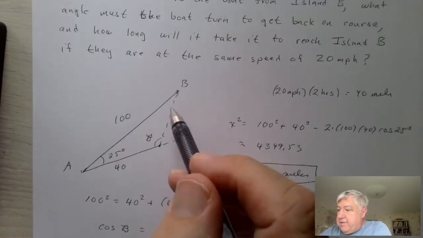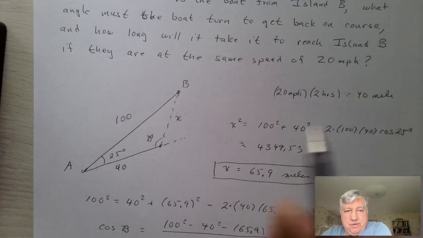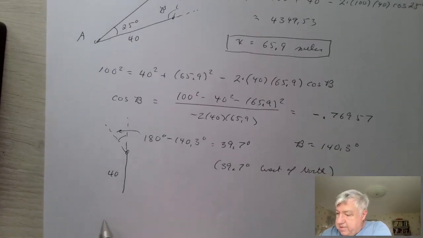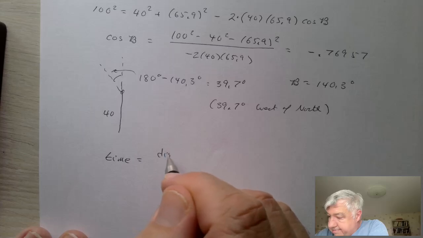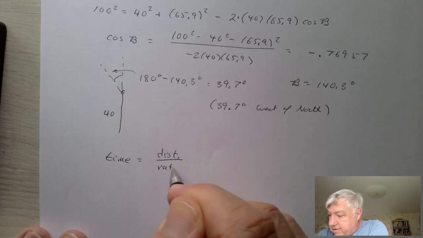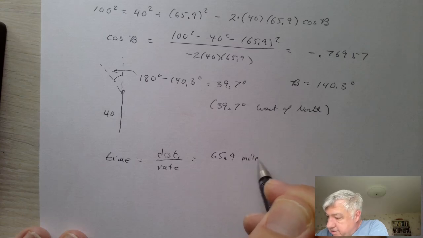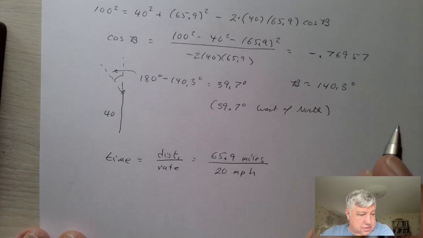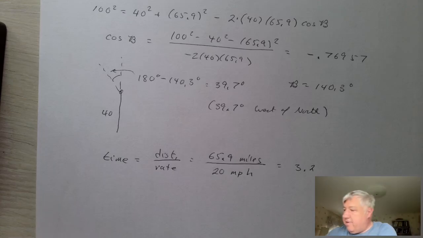Distance equals rate times time, so the time is going to be the distance divided by the rate, which is 60.5 miles divided by 20 miles per hour, and this turns out to be 3.295 hours.